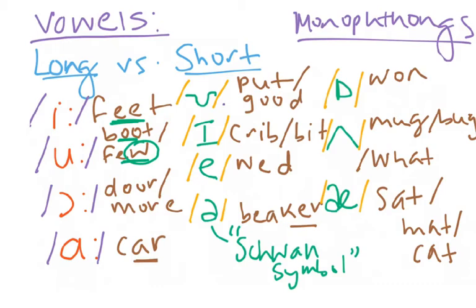One thing to not get confused about is that OOs generally create long vowel sounds. However, there are times where it doesn't create a long vowel sound, and we will see that in this example right here in the short vowel column. But before we get to that, let's finish up with the long vowels.